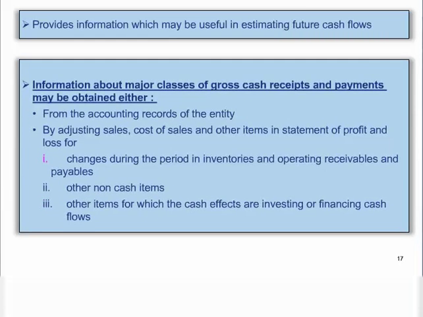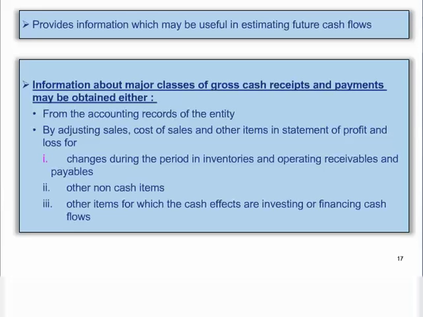Information about major classes of gross cash receipts and payments may be obtained either from the accounting records of the entity or by adjusting sales, cost of sales and other items in the statement of profit and loss for changes during the period in inventories and operating receivables and payables, other non-cash items, and other items for which the cash effects are investing or financing cash flows.